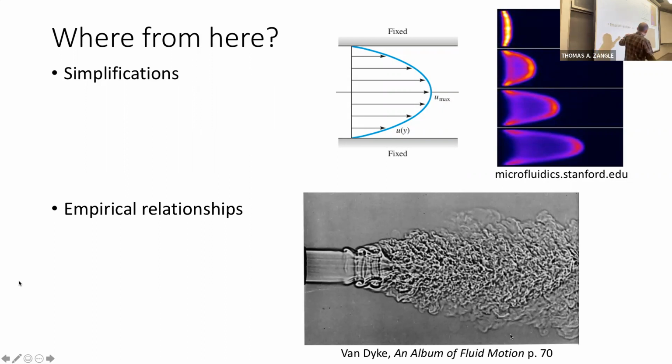The other thing we're going to do is turn to empirical relationships. Mathematicians having trouble with the Navier-Stokes equations, that's fine, but we're engineers and we have to build real things.